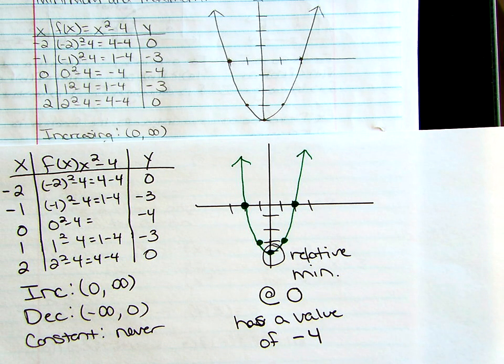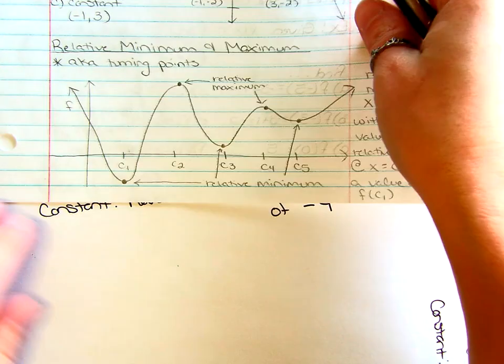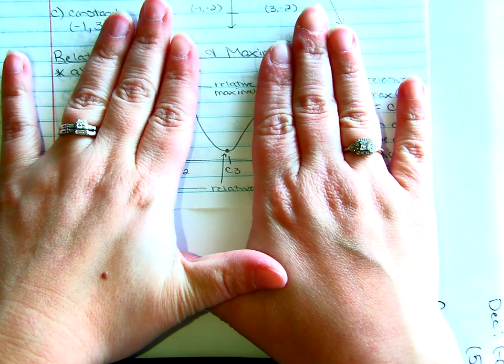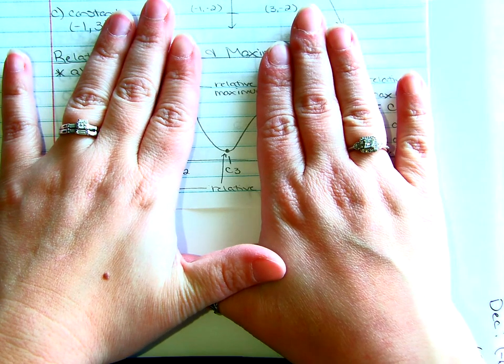And why is it a relative minimum and not an absolute minimum? In this case, for this graph, it is both. Yeah, it is both. But like on that other graph that we just had on the front, when we talked about minimums and maximums, if I had only been looking at this part of the graph, it is a relative min because it's not actually the lowest that it ever goes.